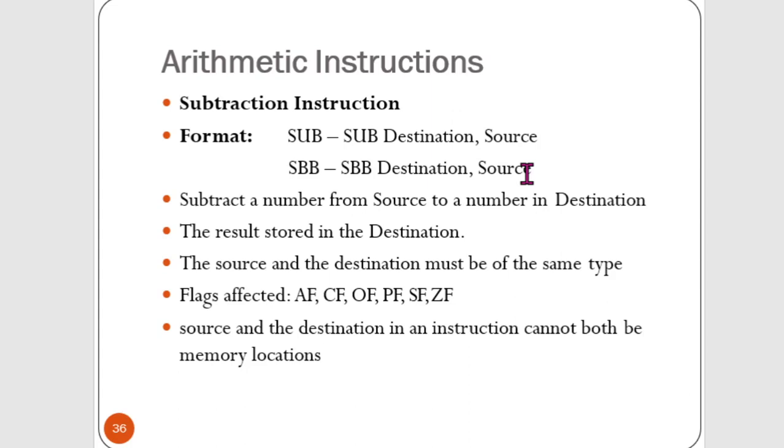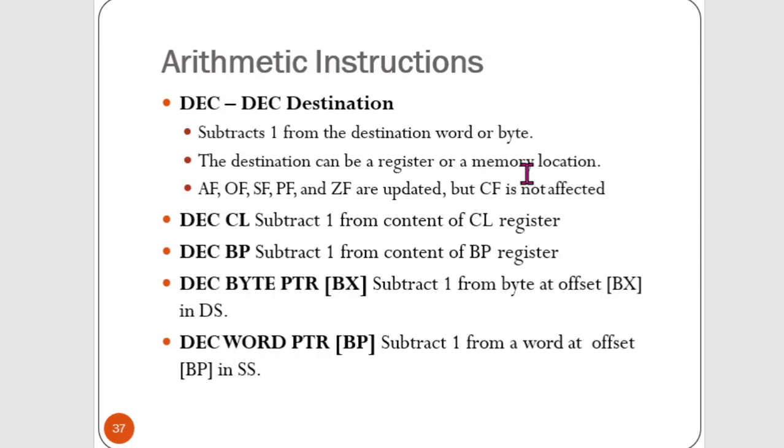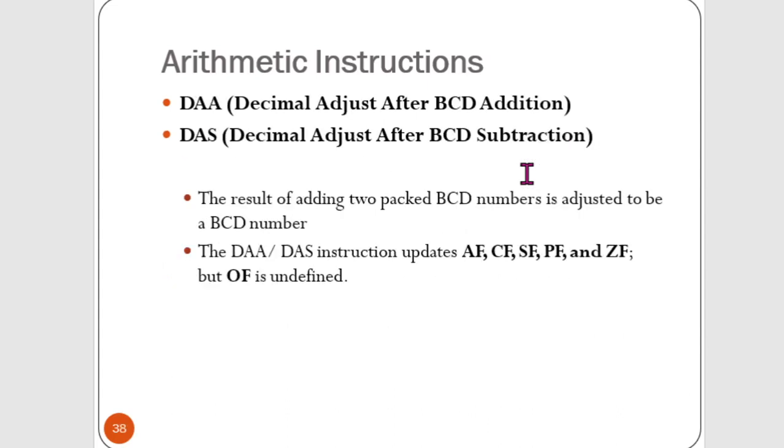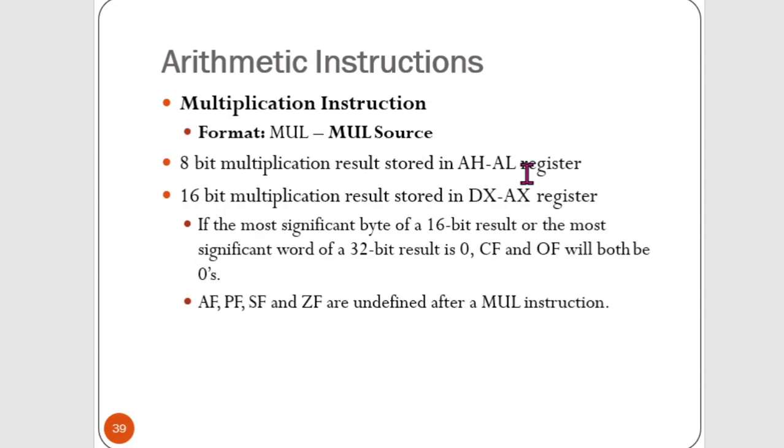Again flags will be affected. Similarly after subtraction you have decrement, opposite to the increment instruction; the value will be decremented by 1. Then you have an instruction called DAA, decimal adjust after addition, and DAS, decimal adjust after BCD subtraction. This is again an important instruction.